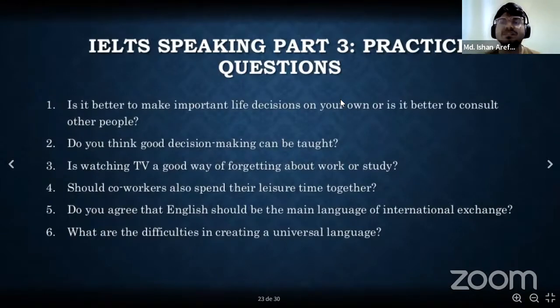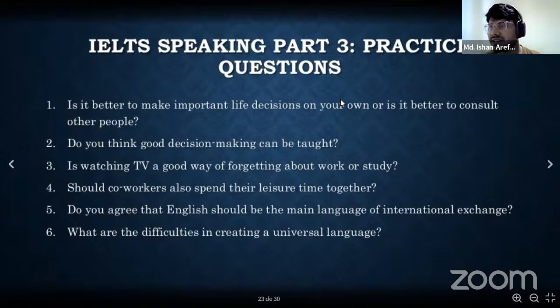But if you are feeling confused, if you want to express confusion, you can say, "I'm not sure, but I guess that important life decisions should be made by oneself." If you have any confusion about the content of the answer, you can just say, "I'm not sure, but I guess," and state your answer in this way.